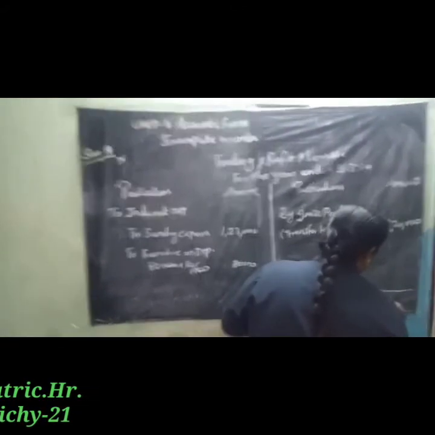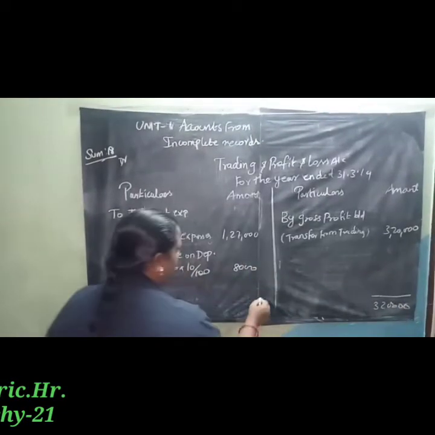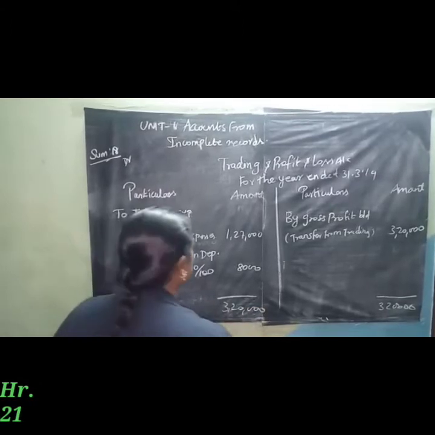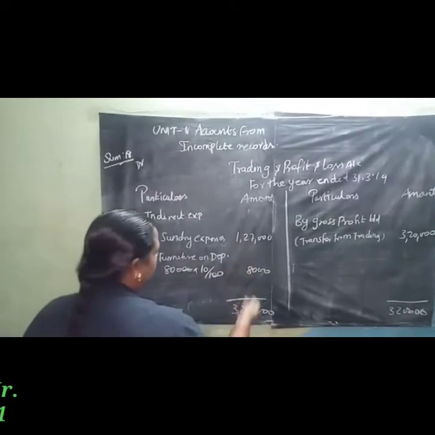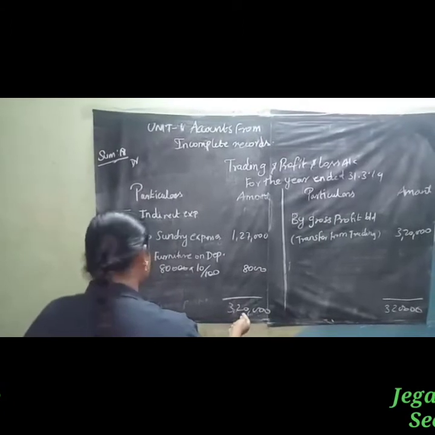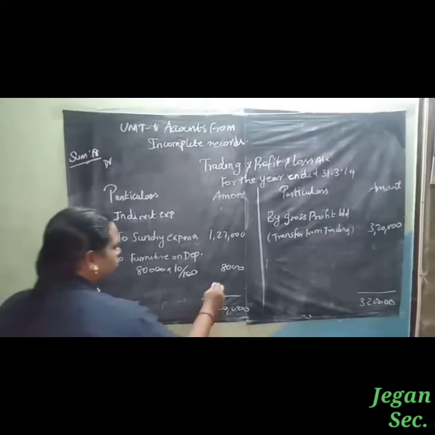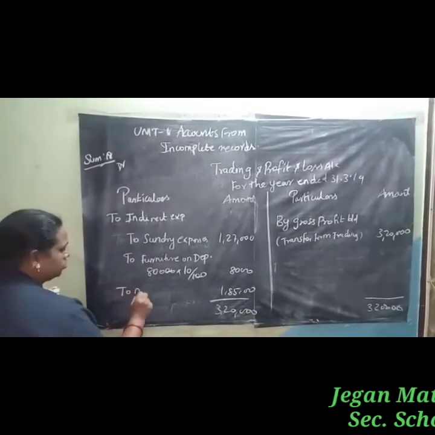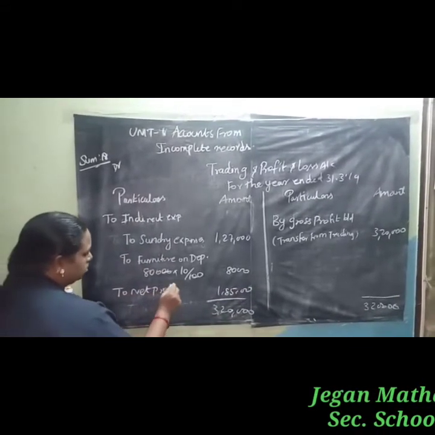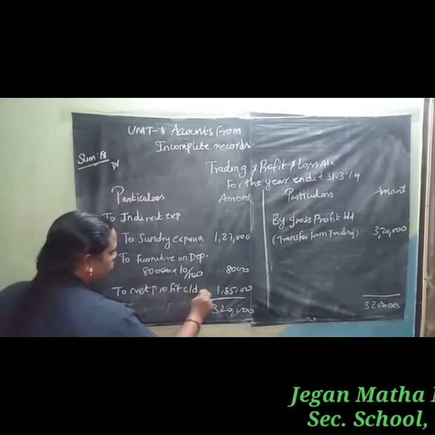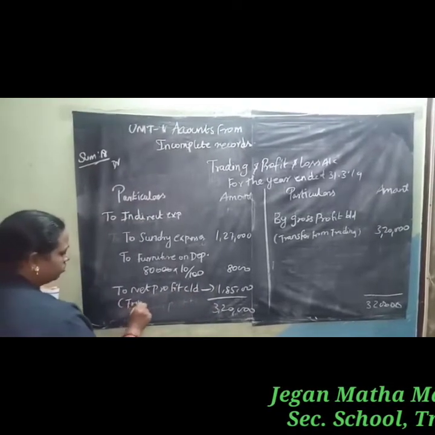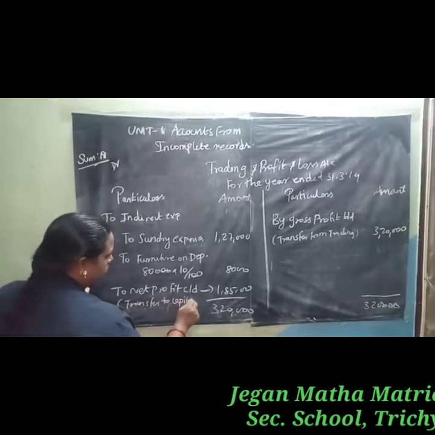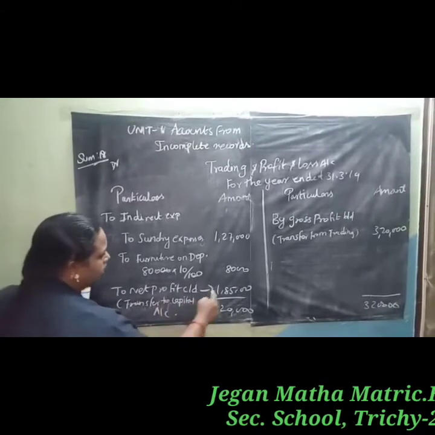So 3,20,000 minus 1,35,000, the net profit is 1,85,000. To net profit c/d, transfer to the capital account.